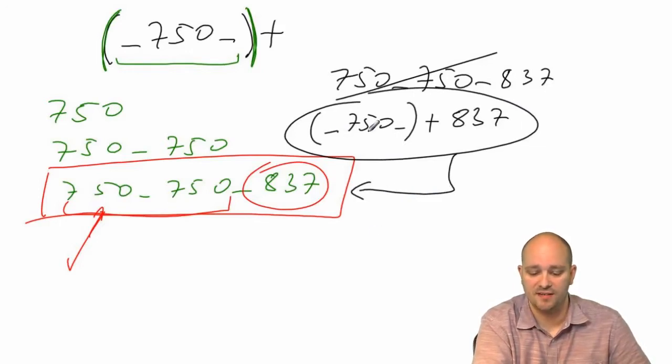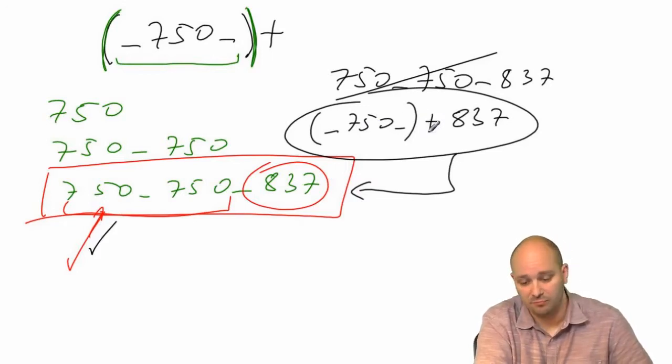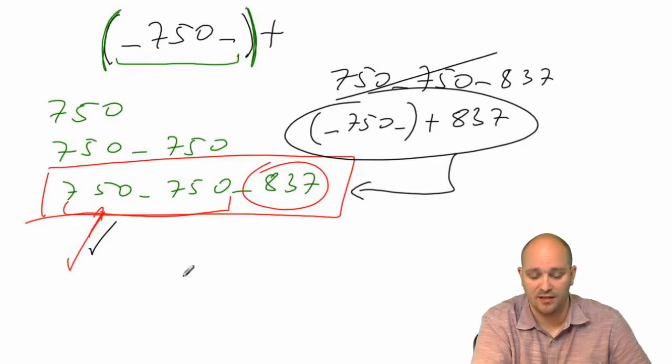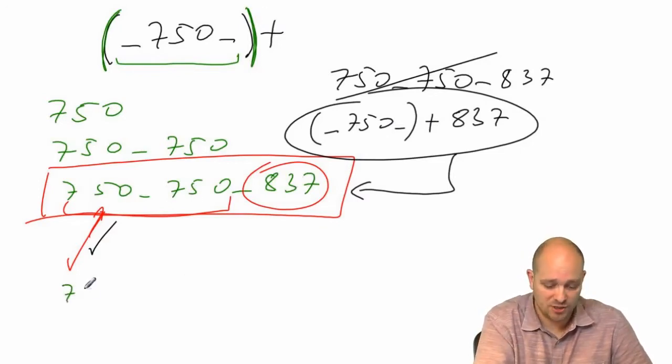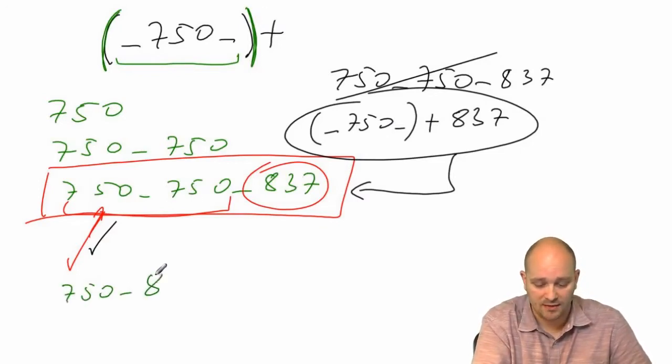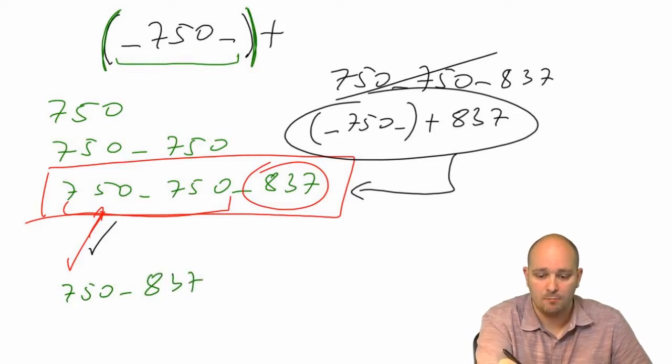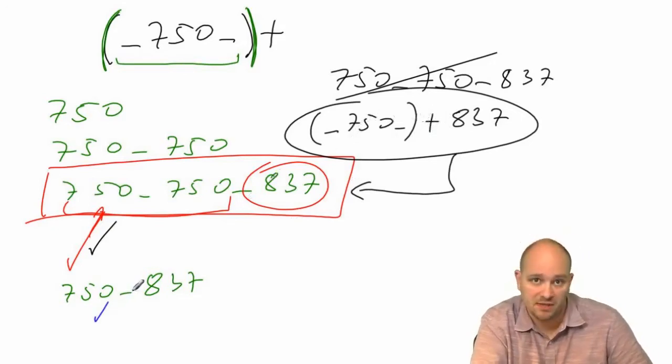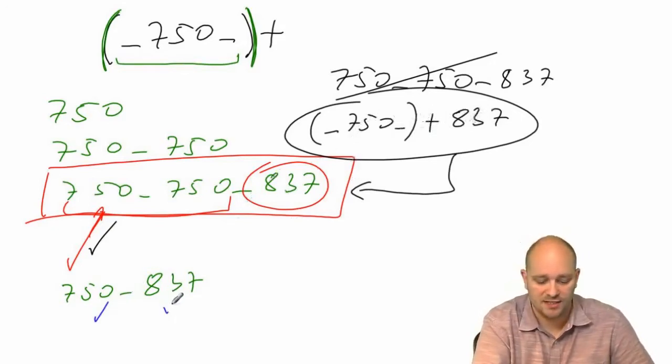Why? Because we have 750, it has to appear at least once, check. And then it may or may not repeat itself. Okay, it does repeat itself, 837. This will also match 750, 837. Why? Because here 750 has to appear at least once, check, and then it may or may not repeat, doesn't repeat, that's okay, immediately followed by 837, check.